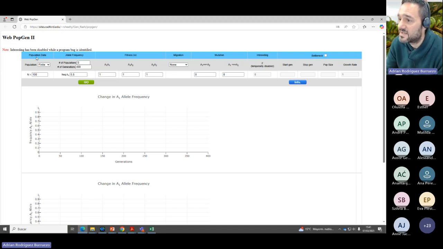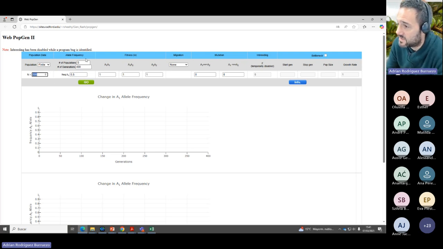Population data. You can see here population data, population finite. So finite, not infinite. We can play with the number of individuals: 10, 100, 1,000, 10,000.